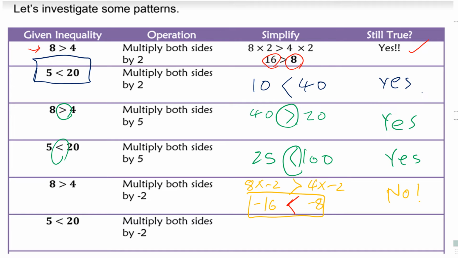What about this one? 5 times negative 2 is negative 10, and 20 times negative 2 is negative 40. Is this right-side-open condition still valid? I like to say no, because to make it valid, you need to change the direction towards the left side, because negative 10 is bigger than negative 40.